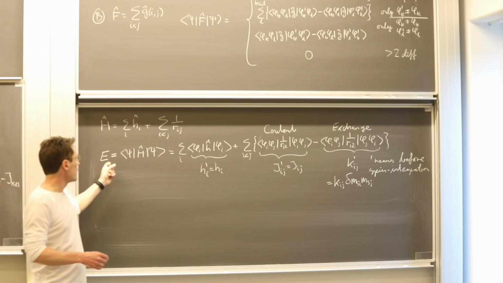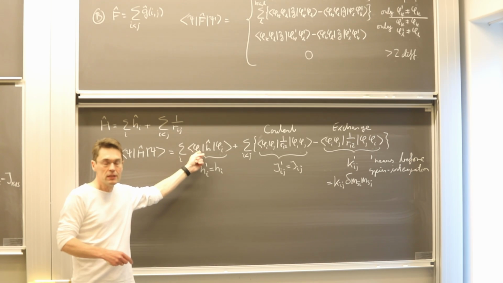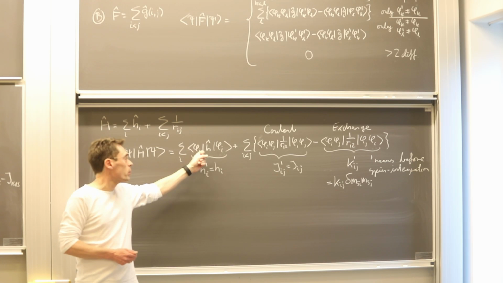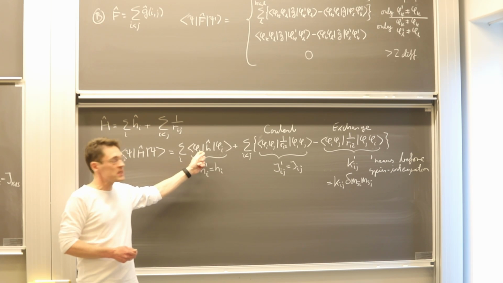And now what we have found is that this energy is actually a functional of these building blocks, the single body spin orbitals that go into the Slater determinant. And now what we have to do is vary them.